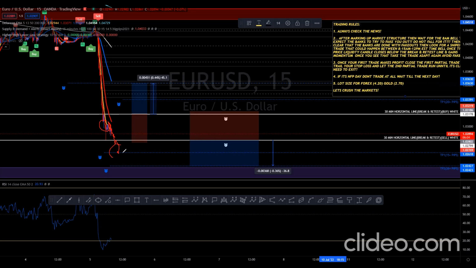Although this would probably be a risky sell, simply because price is oversold. So I'm really thinking that price is probably going to test this area for liquidity and then buy up, maybe hit this mitigation zone and then come back down. That's what I'm initially thinking.